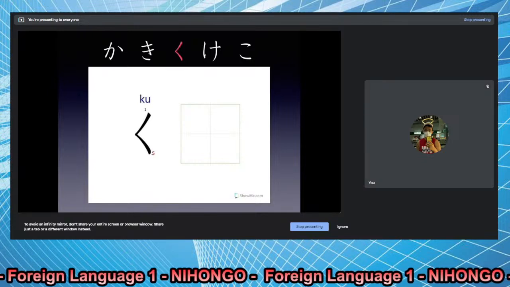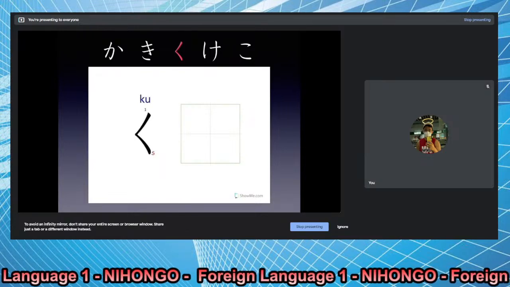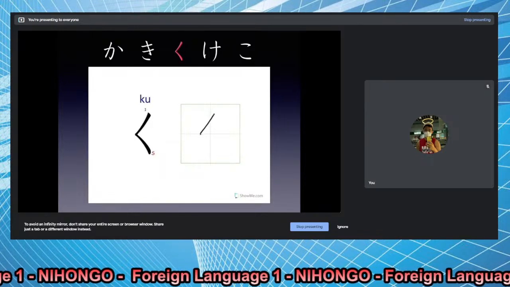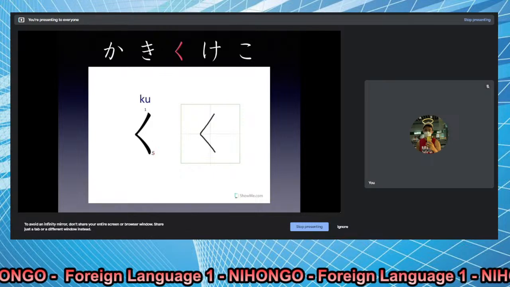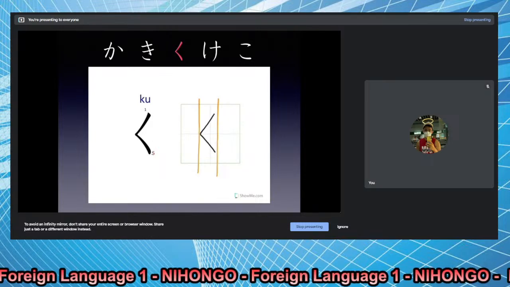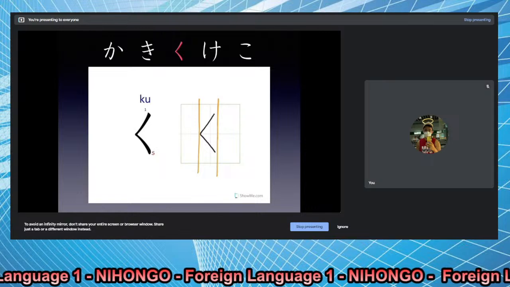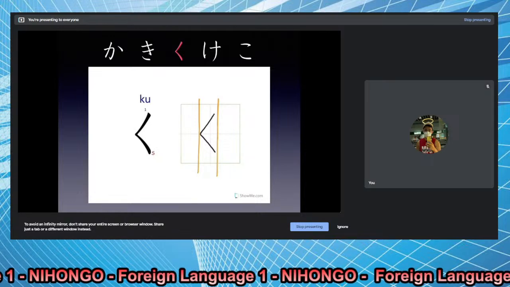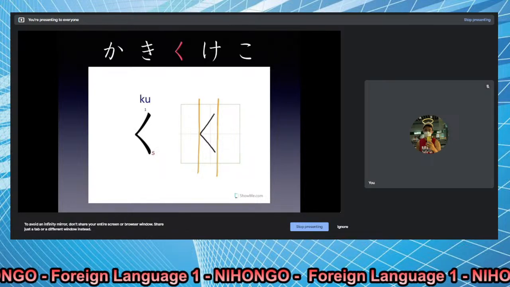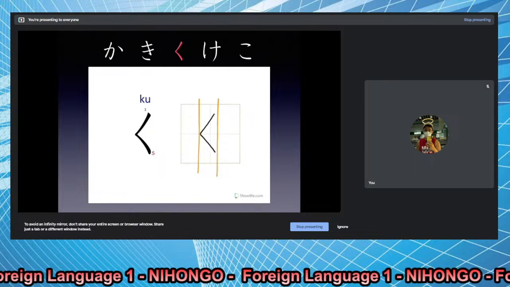The next letter ku is very simple. 1. Stop. That's it. Just make sure to keep the letter kind of tall and slender by placing it between these two lines.